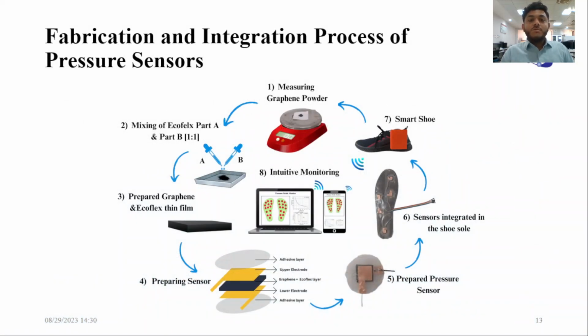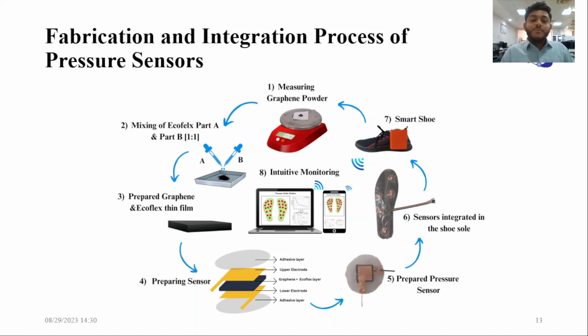So this whole picture discusses the methodology, how we are going to fabricate and integrate those pressure sensors in the smart shoe. Basically, it starts from the very beginning, that is measuring graphene powder and mixing it with Ecoflex part A and part B with 1:1. And then we have our prepared or fabricated graphene and Ecoflex thin film.